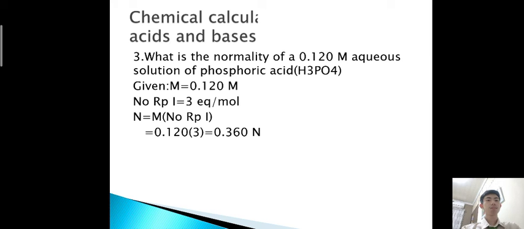So 3 times 1 is equal to 3. Then use the other formula of normality: molarity times number of replaceable ions. 0.120 times 3 is equal to 0.360 normality.